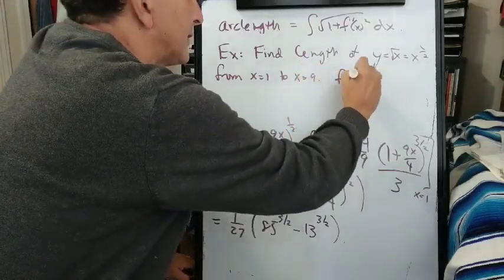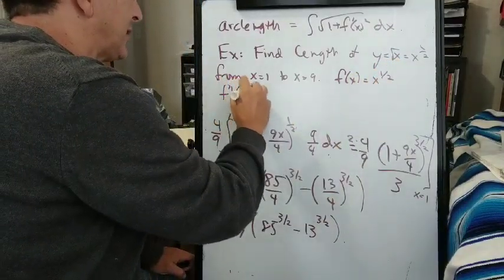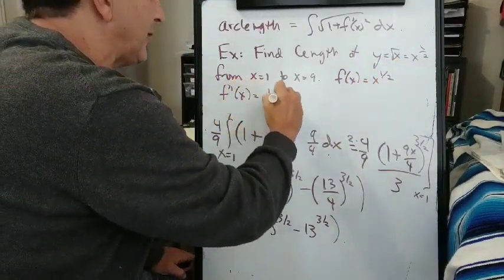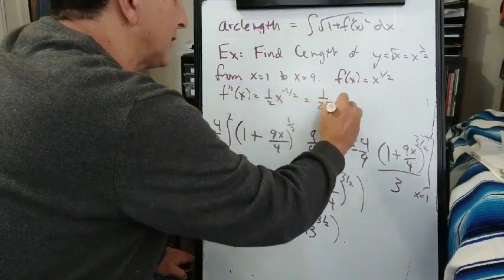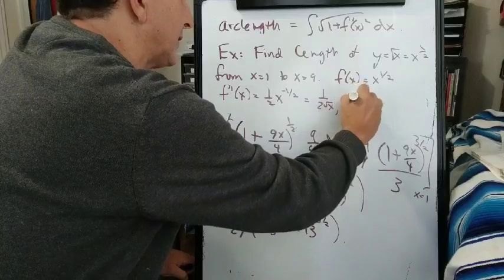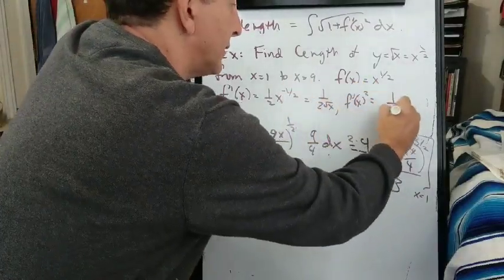So f of x equals x to the 1/2. f prime of x equals 1/2 x to the negative 1/2, which is 1 over 2 square root of x. And then f prime of x squared is, I guess, 1 over 4x.